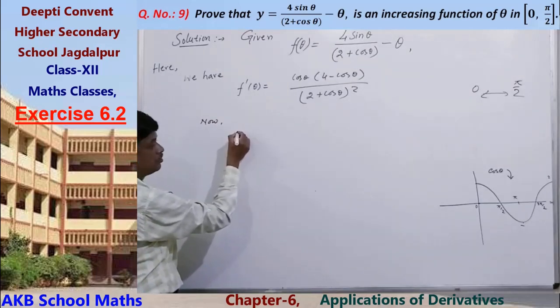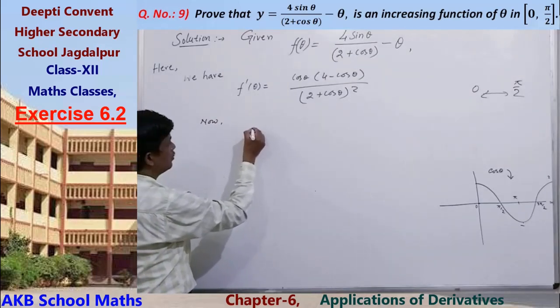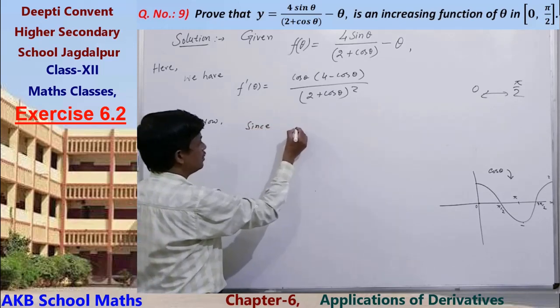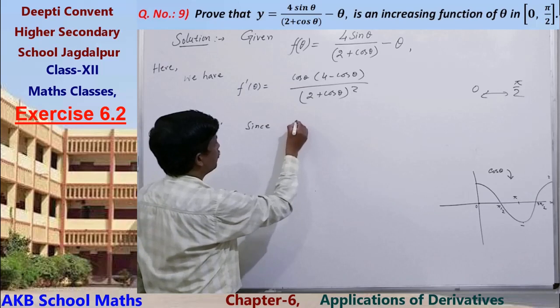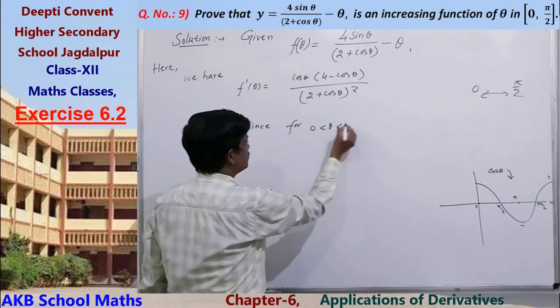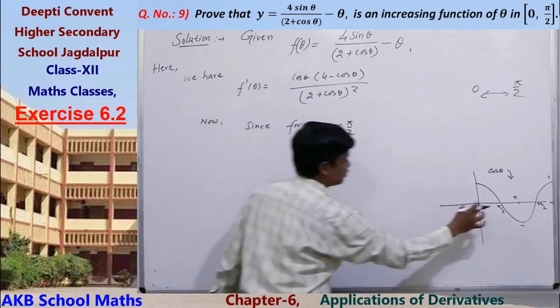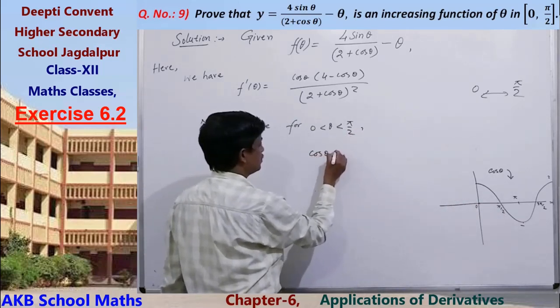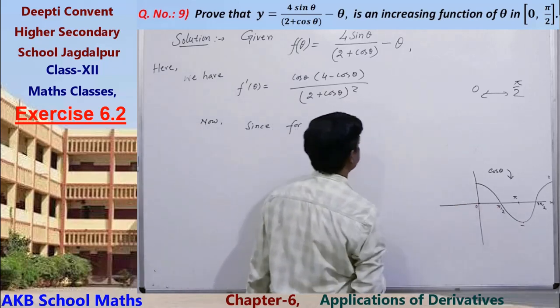Now, for theta between 0 to pi by 2, cos theta is greater than 0.